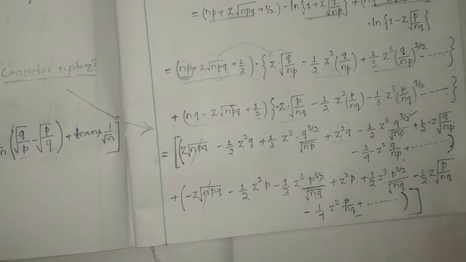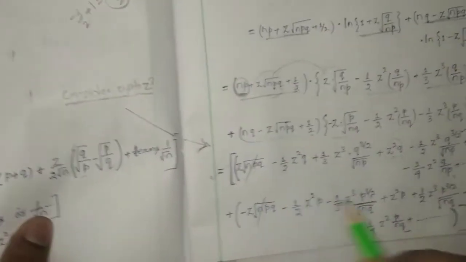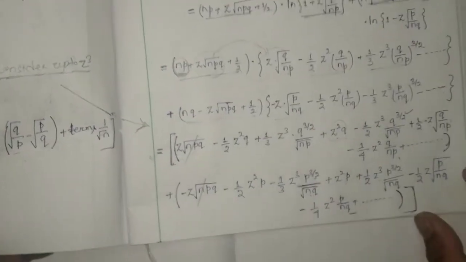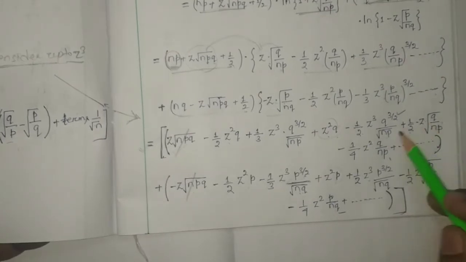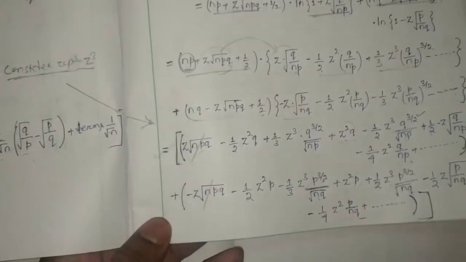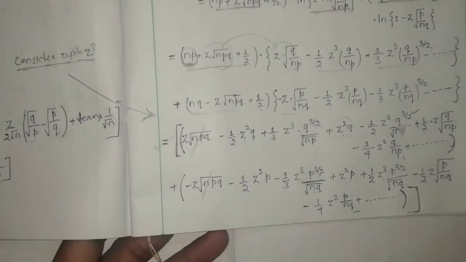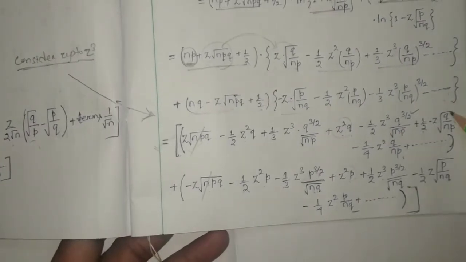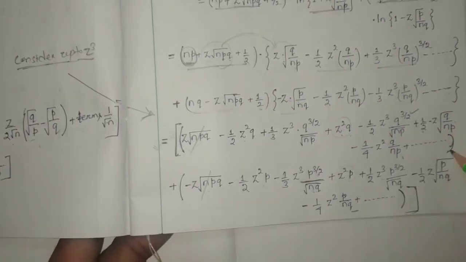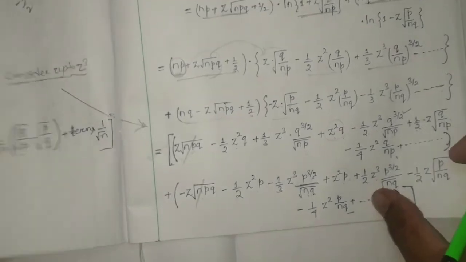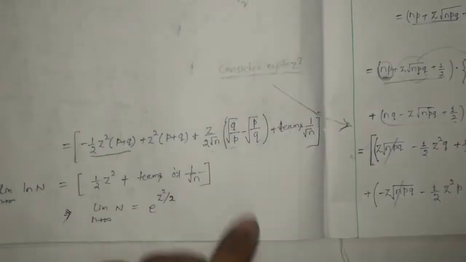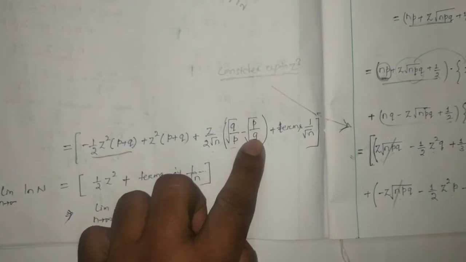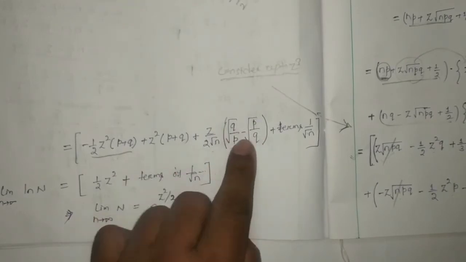Then plus, if you consider these two terms, you are going to get here z by 2, root over taken outside, so it will be q by p root over minus p by q root over, right? So the same thing has been written: q by p root over minus p by q root over.